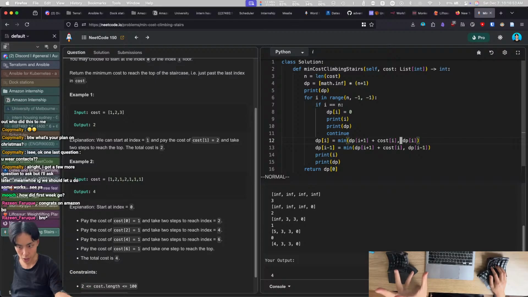So dp[i] could be i plus 1 plus the cost, or it could just be, hold on, dp plus i.